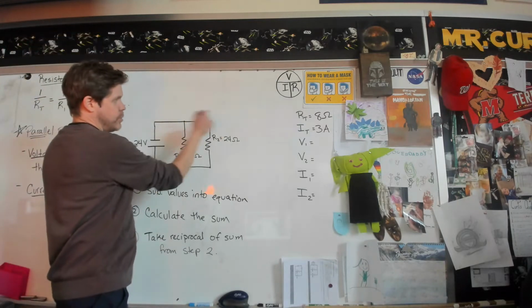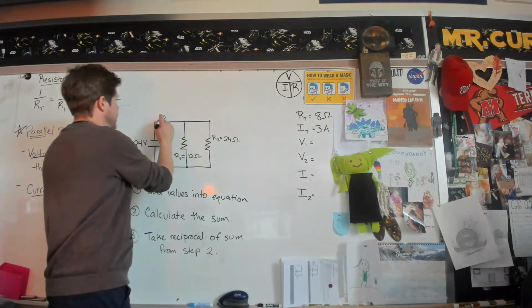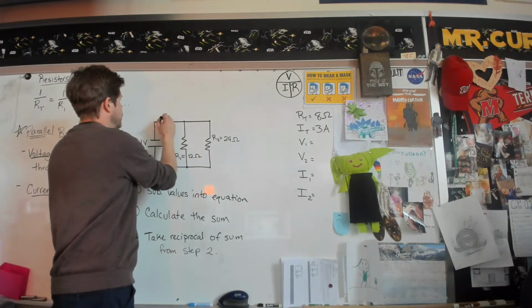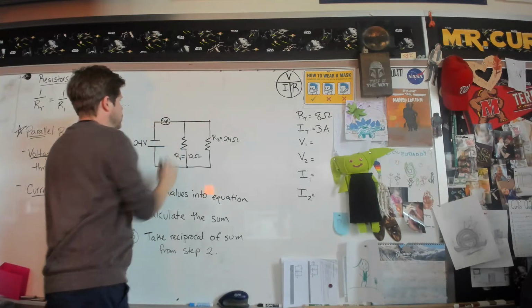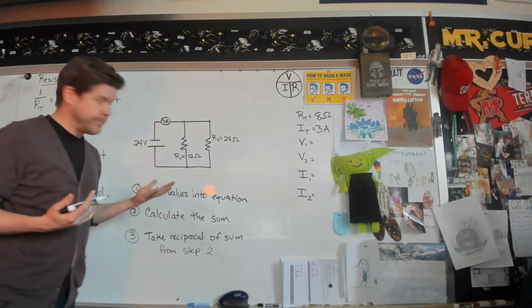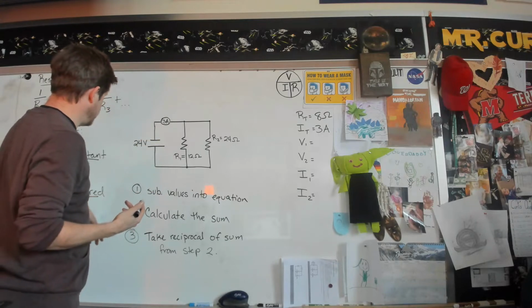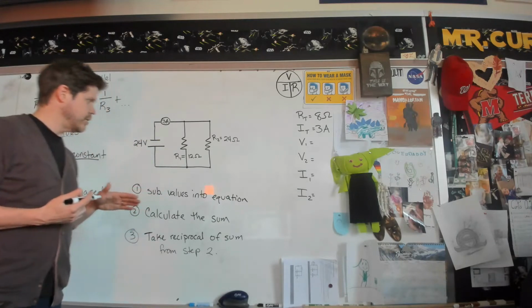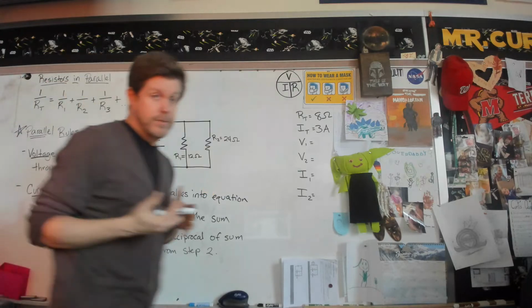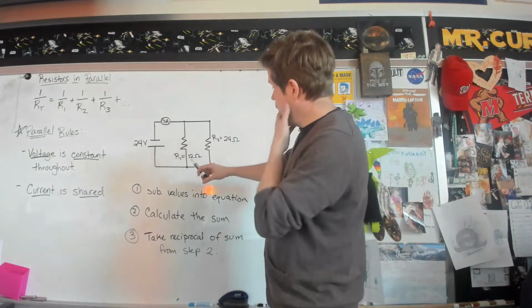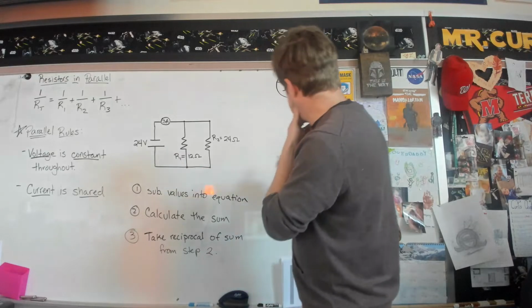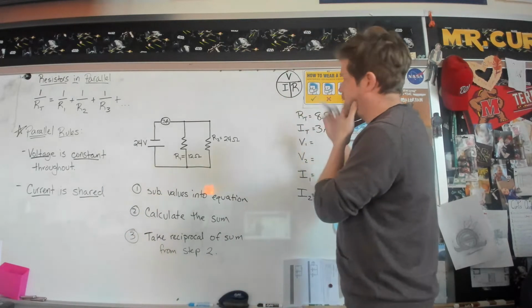I'm going to go ahead and plug in my total current now. Let's act as if we're putting a little ammeter in here. And we'll say we've got 3 amps in the whole circuit. All right, so I know I have 3 amps in the whole circuit. I know I have 24 volts here. You might be tempted to come over here and be like, oh, well, if I just want to know my voltage, that's going to be my current times my resistance.